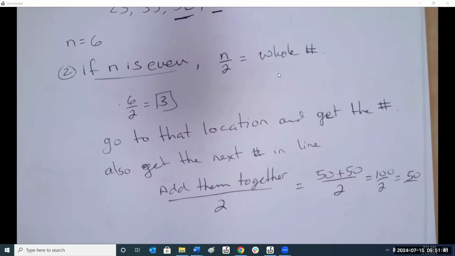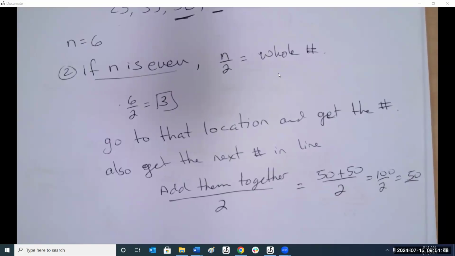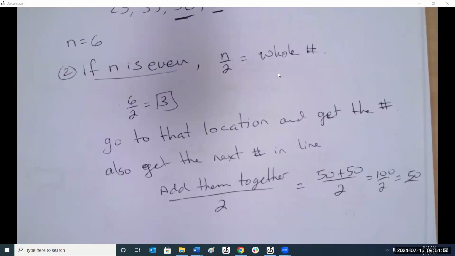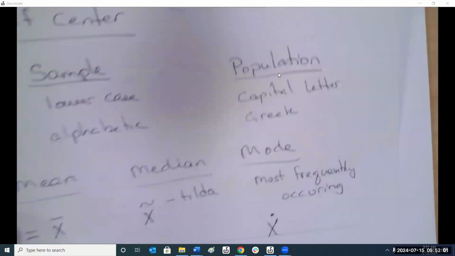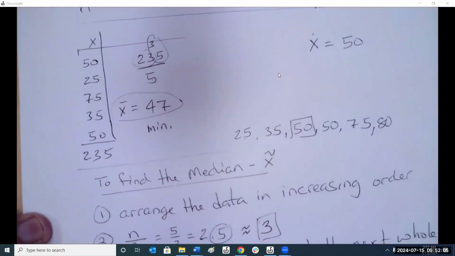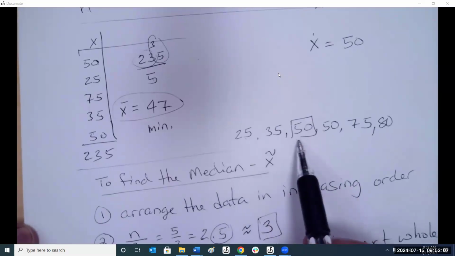So again, the median is the number in the physical middle part of that data set. And we know the mode already. The one that was odd was the third number, also 50.